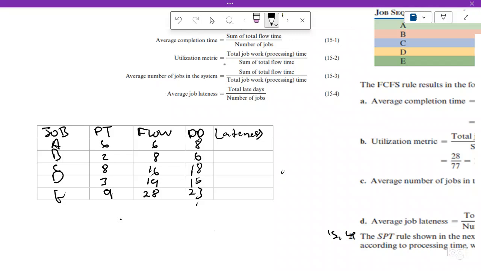It's 2, yeah? So you have a due date of 8 days. You produced for 6 days. How many days are you left with? 2. Positive days. Are you late? Therefore, if you are not late, what else can you write?